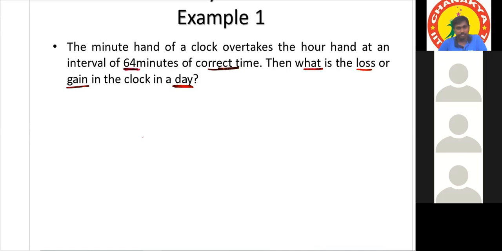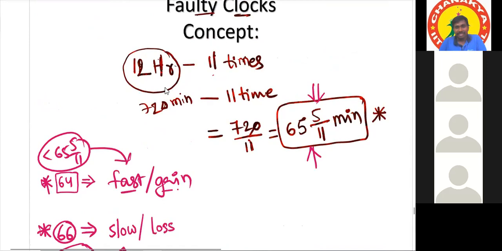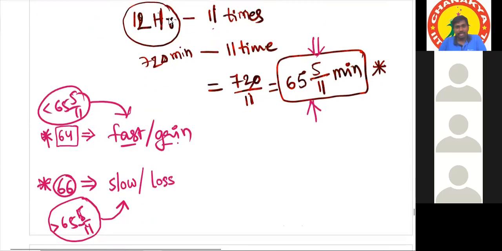Sir, I didn't understand this concept. Okay, see. Up to 65 5 by 11 I understood, sir. Afterwards, in a clock the minute hand overtakes the hour hand at an interval of 65 5 by 11 minutes in a correct clock.